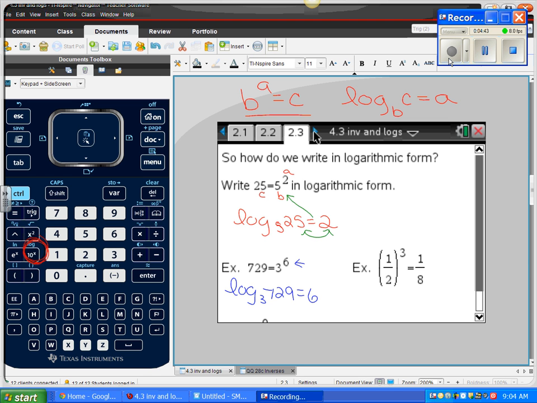It's always equal to the exponent. Always equal to the exponent. All right, somebody else give me the next one. Log base 1/2 of 1/8 equals 3. Excellent.